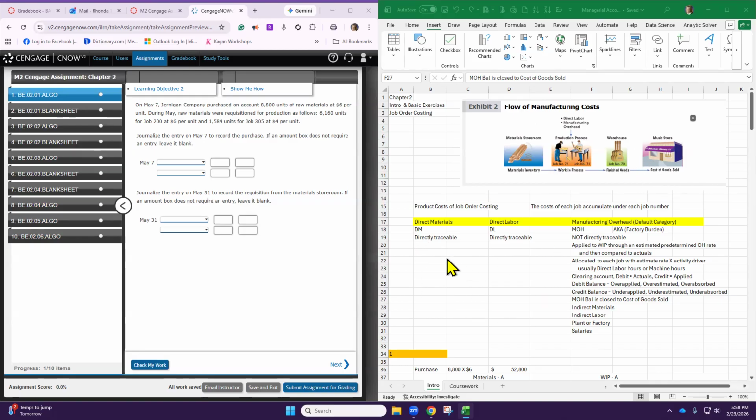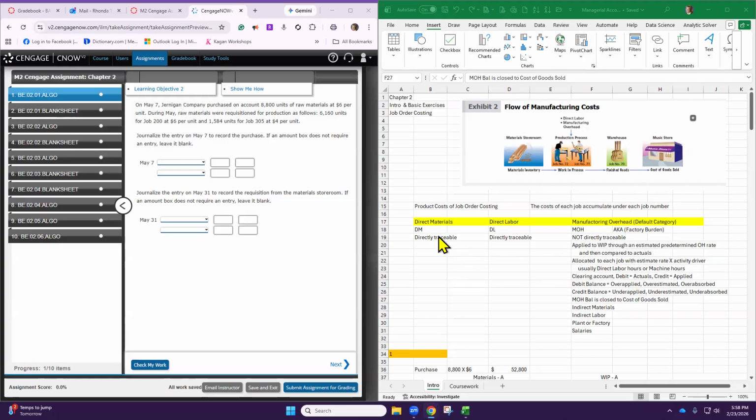So let me read you a couple things that I want to make sure you understand before we move on. We're going to accumulate jobs under a job number, just like this was 72, 71, 70. So we're going to keep all the costs for that job together and move them through the production process.